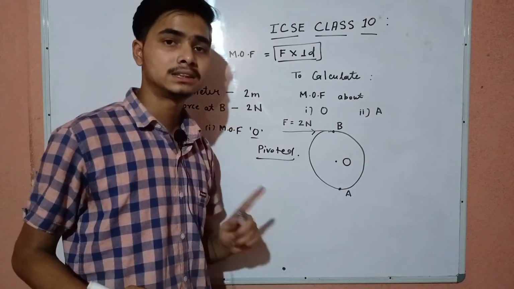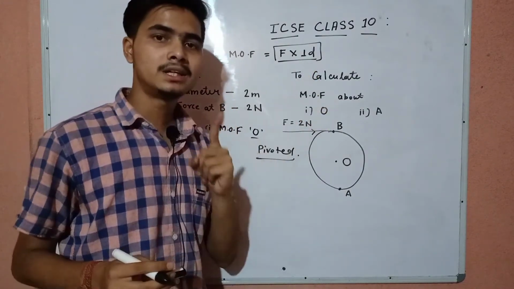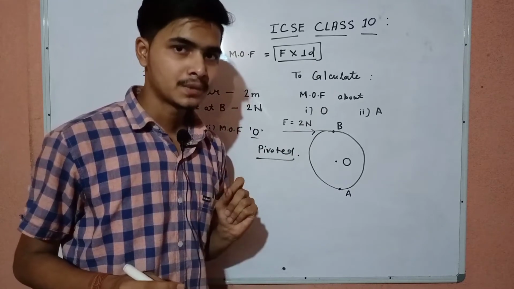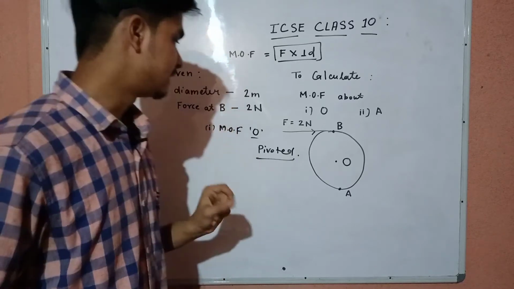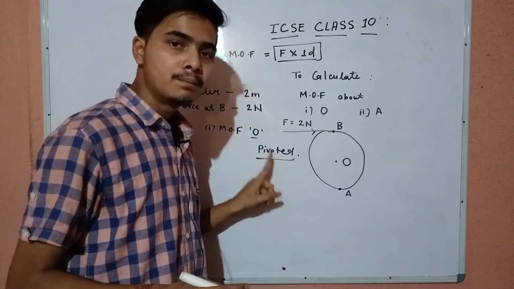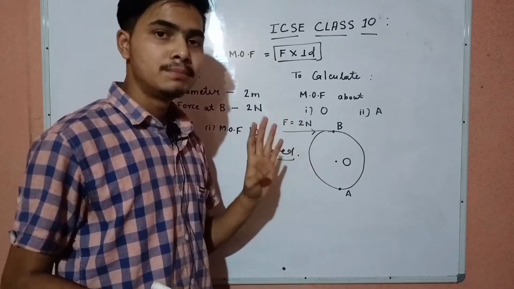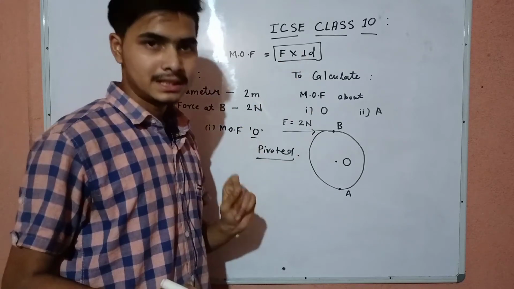This word has the biggest importance, because all the perpendicular distances are taken from the pivoted point. So our question becomes very easy if we know the force and the perpendicular distance.